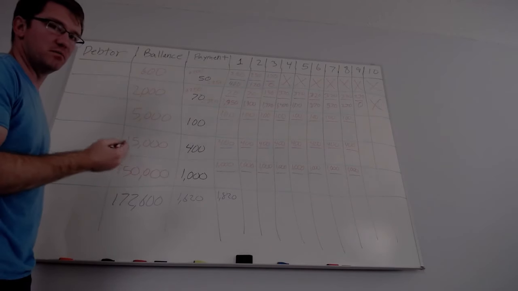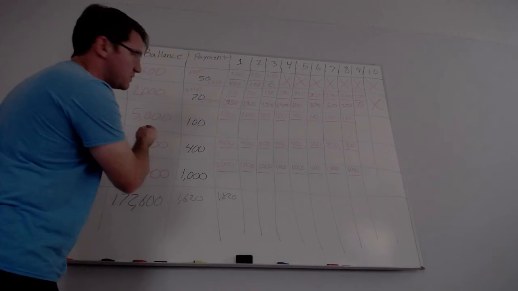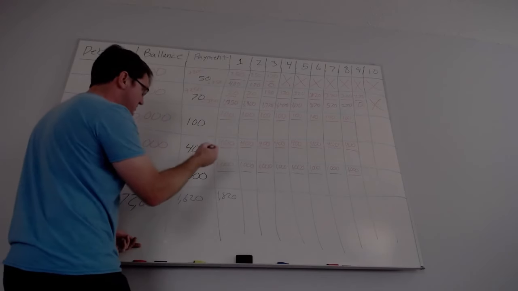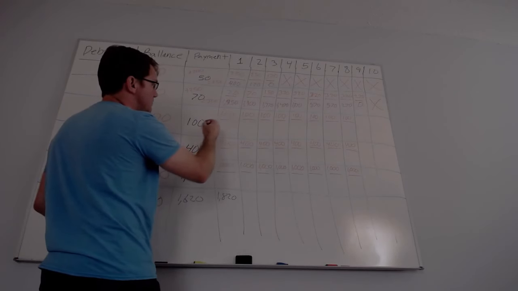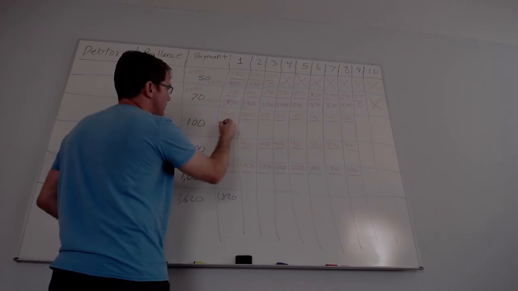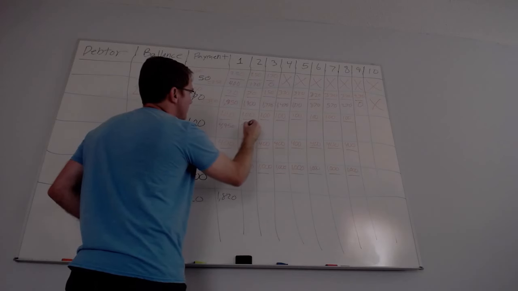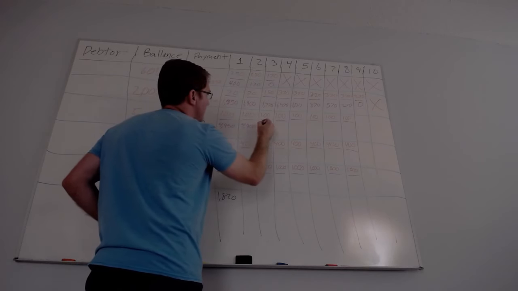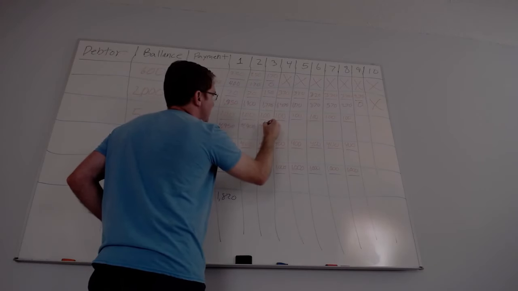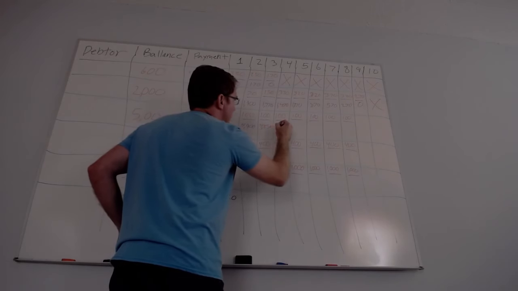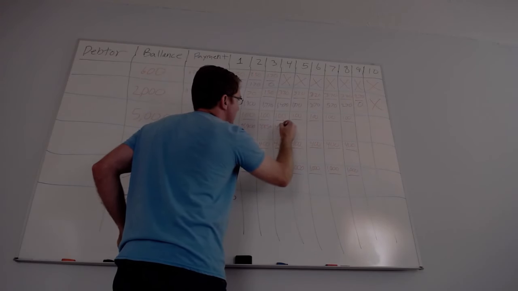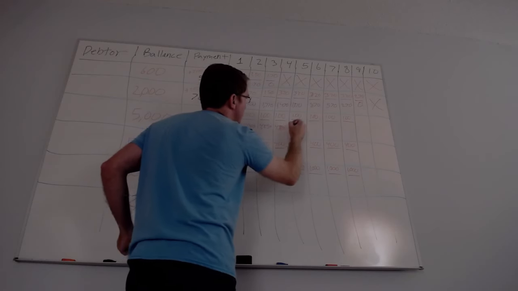This is pretty cheap. Most of this is probably going towards interest, but I'll just say $50 goes towards the principal. So we're at 4,950, 4,900, 4,850, 4,800.